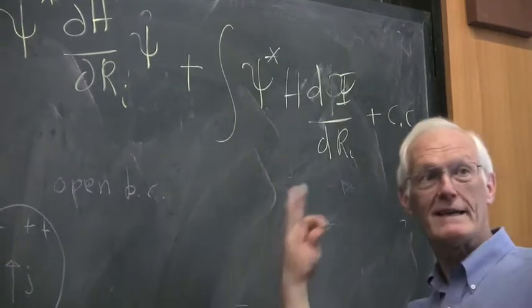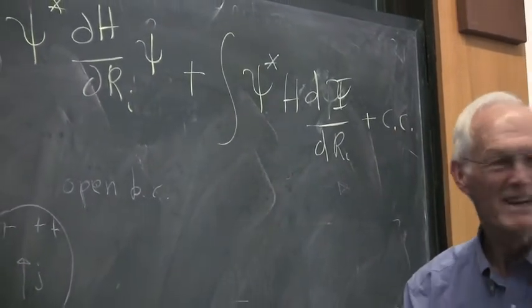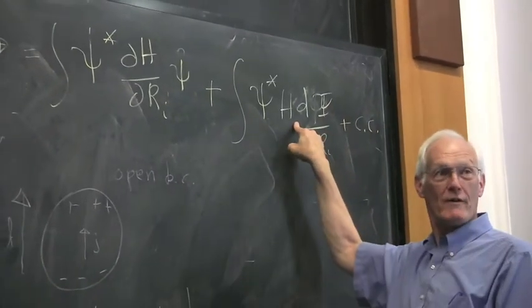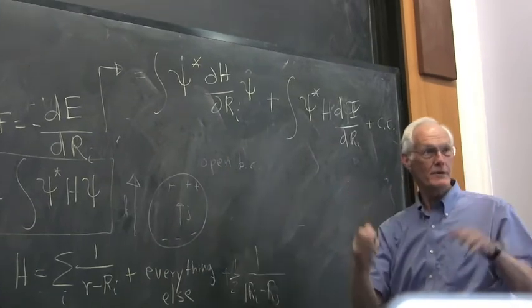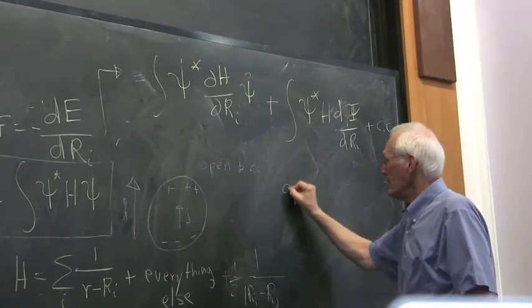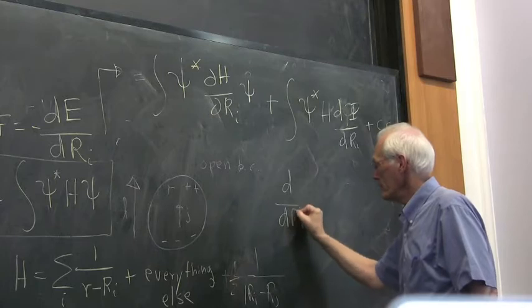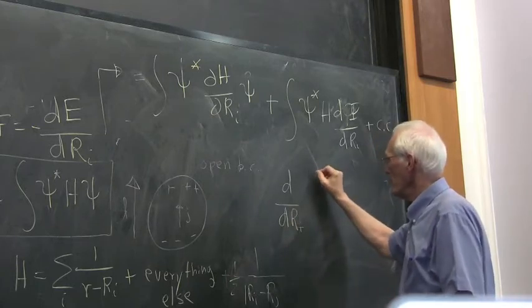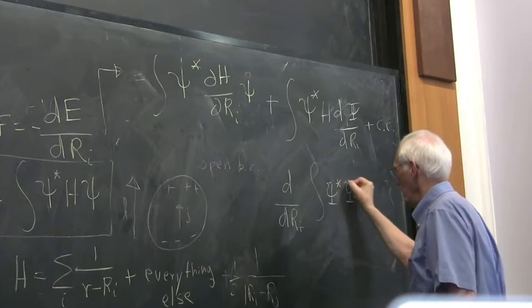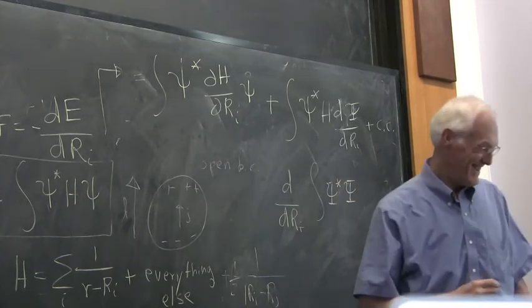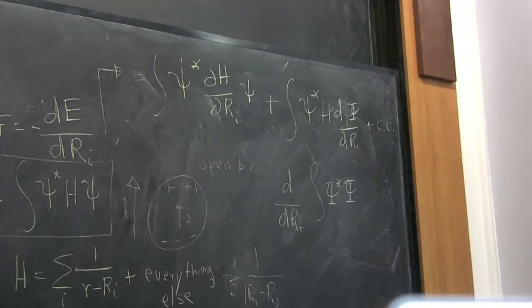And the point is that's 0 because the wave functions are already at equilibrium. And there's another way you could really see that it's 0: take the derivative with respect to the nuclear displacement of the norm of the wave function. It does not change. You don't change the number of electrons. You don't change the number of nuclei when you move one.